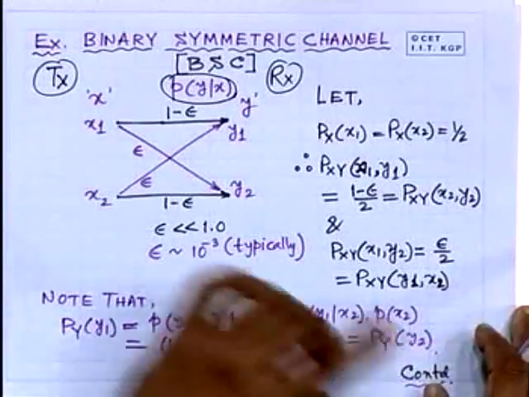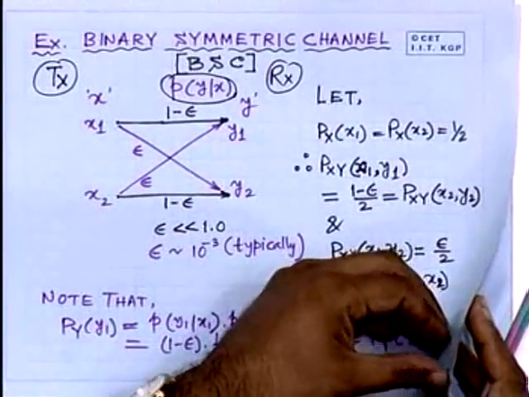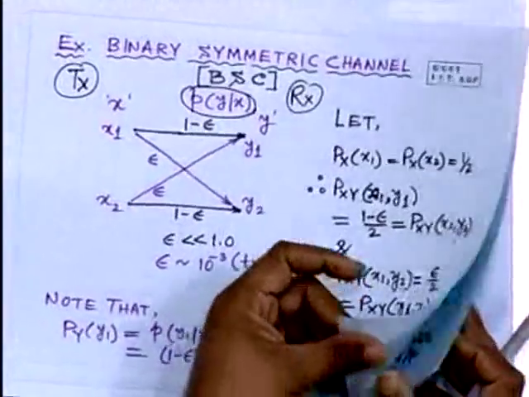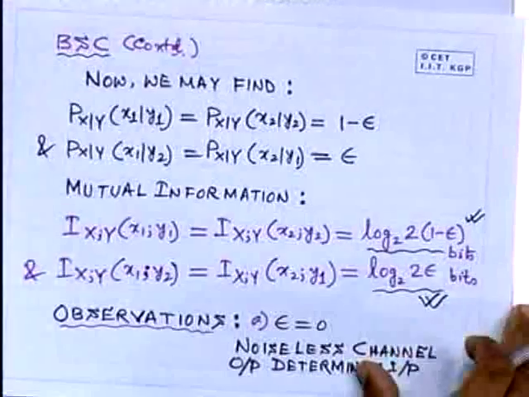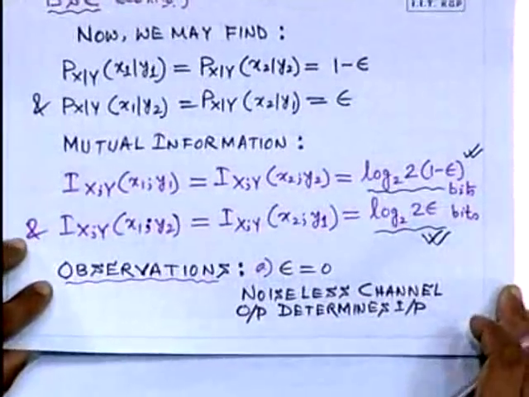That means if x1 is transmitted, y1 must be received; if x2 is transmitted, y2 must be received. There is no question of any error. So it's an ideal noiseless channel. Epsilon equal to 0 is a theoretical possibility; in practice, epsilon should not be 0.